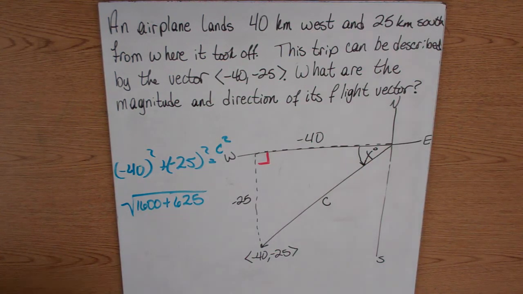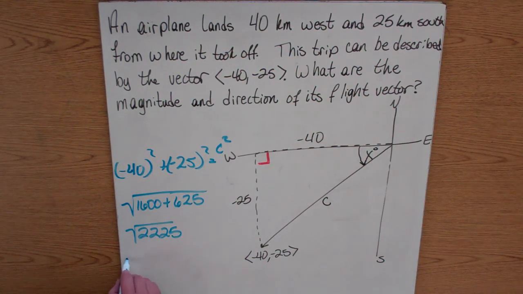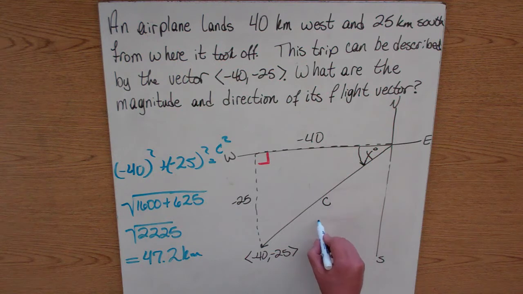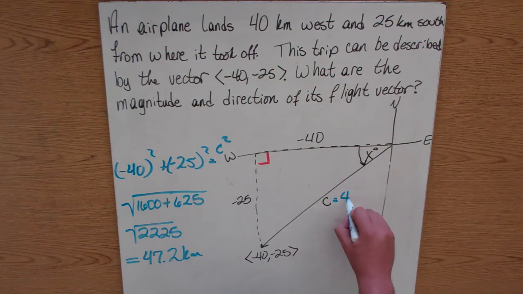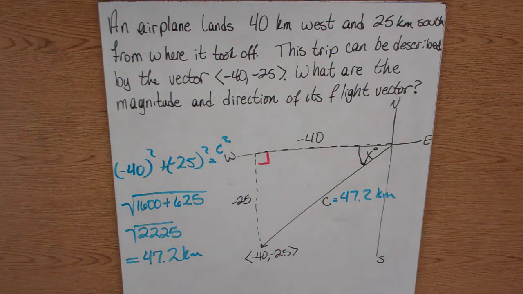And we're going to take the square root of that. So it's going to be the square root of 2,225, which is approximately 47.2 kilometers. So C here equals 47.2 kilometers. So first thing done, we found the length or the magnitude of the flight vector.